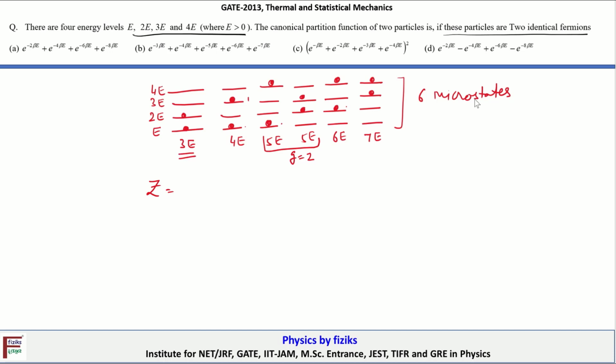The first term in the partition function is exponential minus 3 beta e, second term plus exponential minus 4 beta e, plus 2 times exponential minus 5 beta e plus exponential minus 6 beta e plus exponential minus 7 beta e.